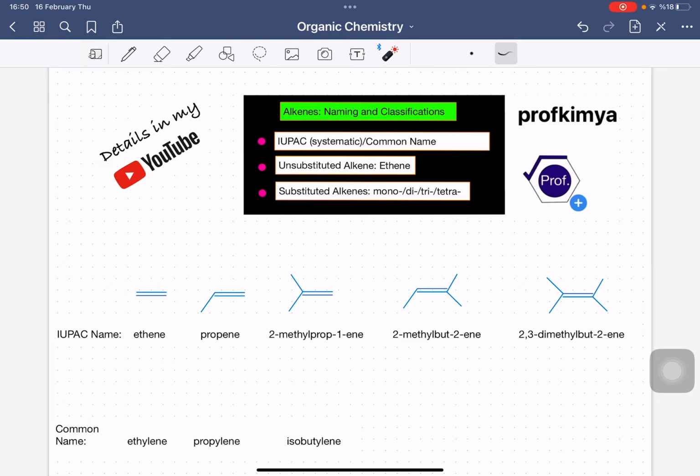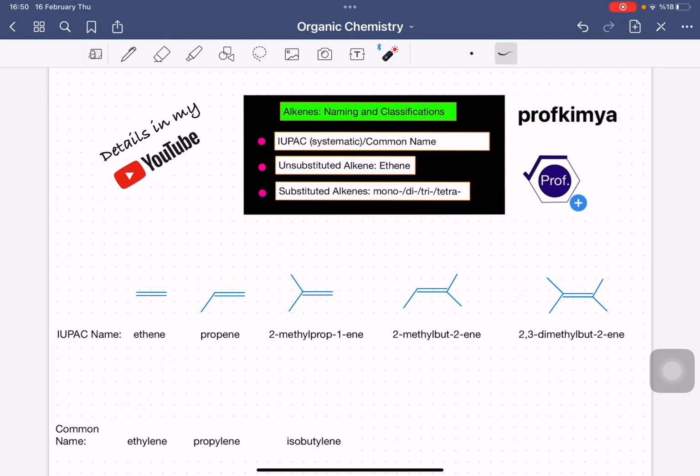Classification of alkanes. Ethane, we call this unsubstituted alkenes. In ethane, there are 4 hydrogen atoms. If we replace one of the hydrogens with a substituent, then we call this monosubstituted alkene.